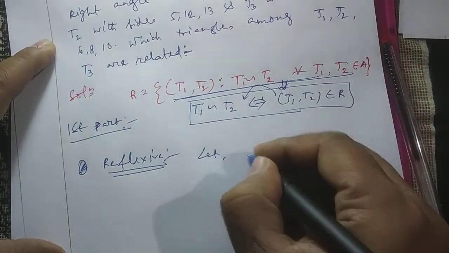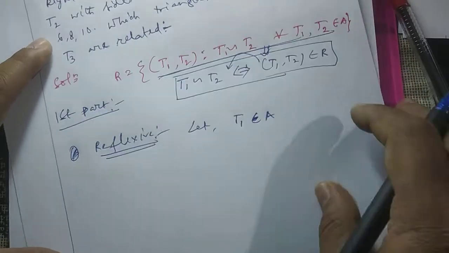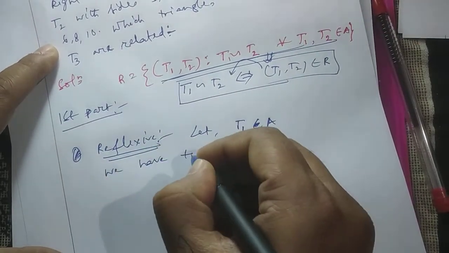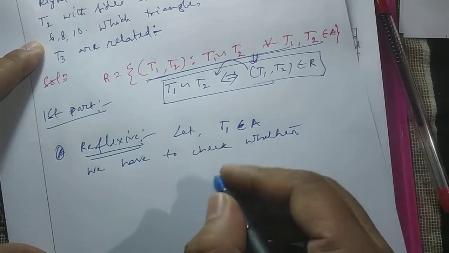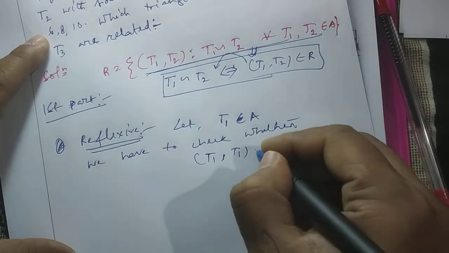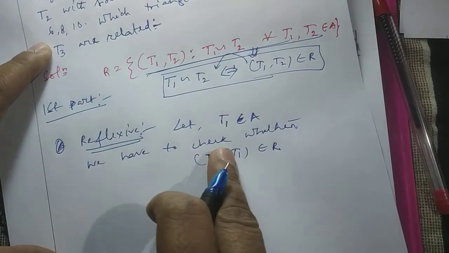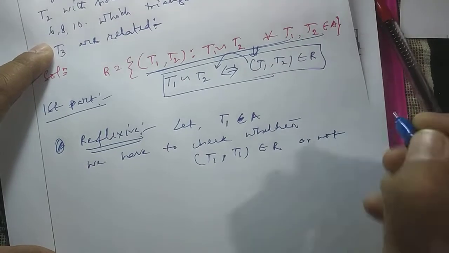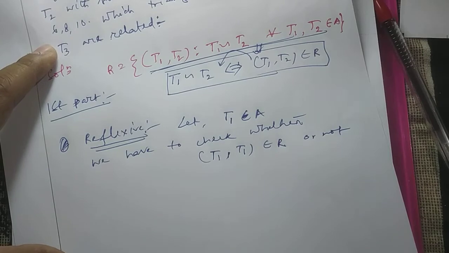Let us pick up one triangle from A. Now here we have to check whether (T1, T1), the same elements ordered pair, belongs to R or not. If it belongs, it will be reflexive, otherwise not.